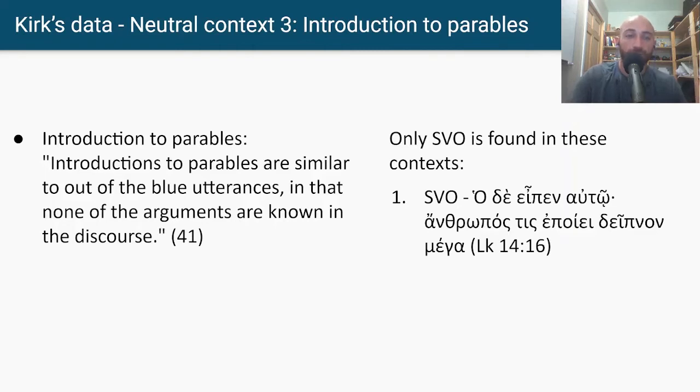If we go back and think about all the contexts we've seen, SVO is very strong in all of them. We saw it in situational sentences, in the broad focus question, and now in the introduction to parables. In each of these, we might say these aren't the best examples we have.